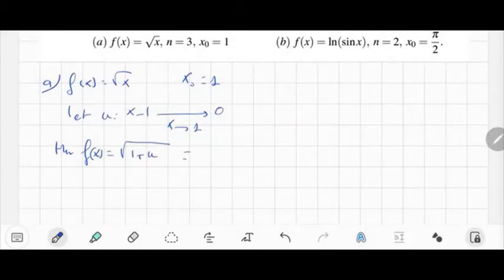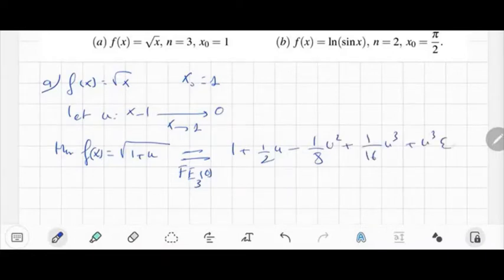And we know the expansion of square root of 1 plus u in the neighborhood of 0, so we calculate the finite expansion in the neighborhood of 0 to the third order, and it's 1 plus half u minus 1 over 8 u squared plus 1 over 16 u cubed plus u cubed epsilon of u.